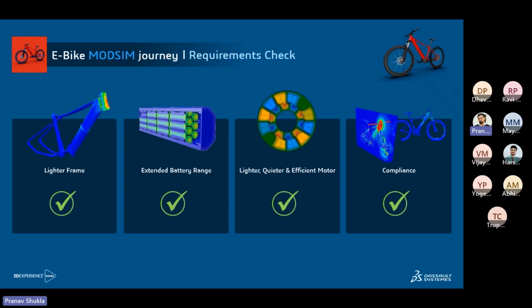We have ensured the durability of the frame, optimized the thermal performance of the battery, enhanced the motor efficiency, used the EMC analysis to achieve compliance with the electromagnetic emission standards, and prioritized the crash behavior for user safety. These efforts reflect our commitment to delivering a high quality, efficient, and safe product.